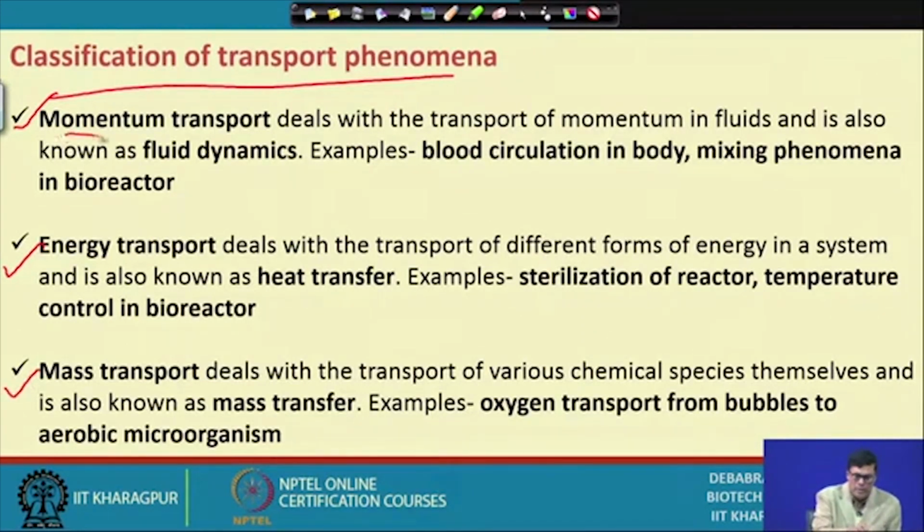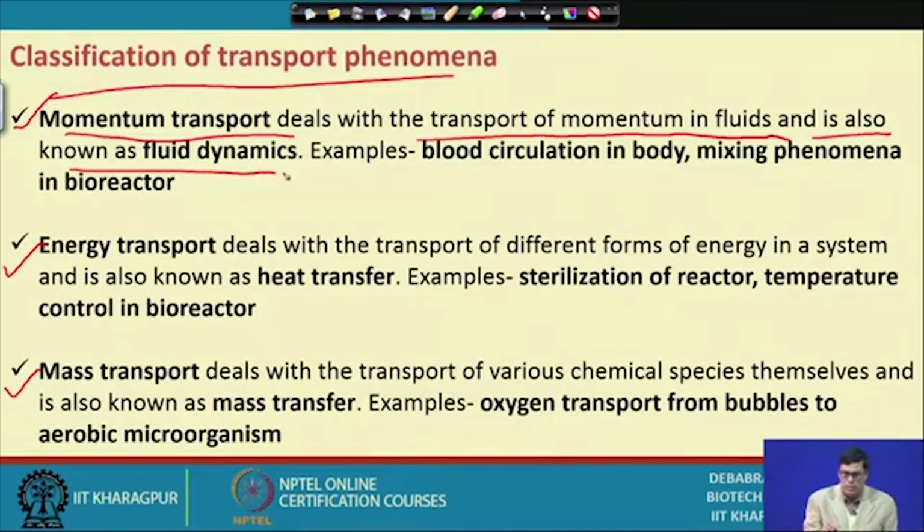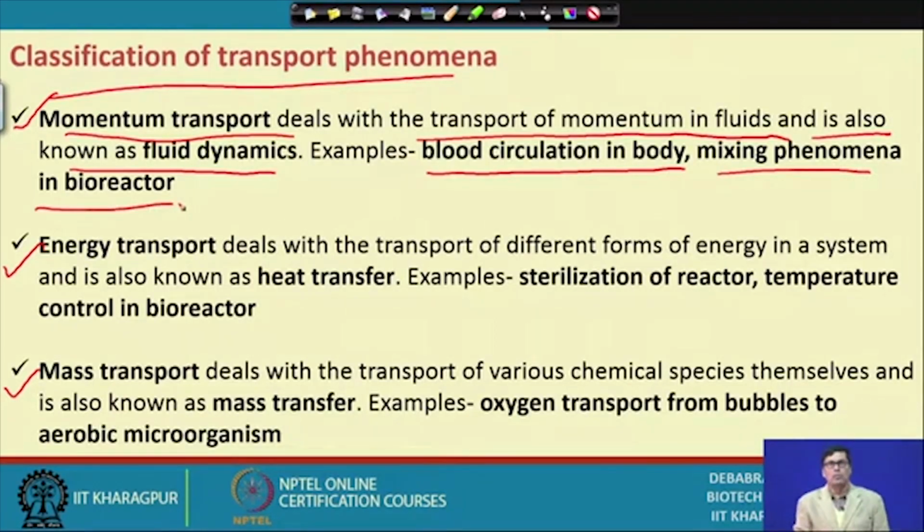What is momentum transport? It deals with the transport of momentum of fluid, and is also known as fluid dynamics. For example, blood circulation in the body and mixing phenomena in the bioreactor both come under momentum transport. The mixing phenomenon I just explained.